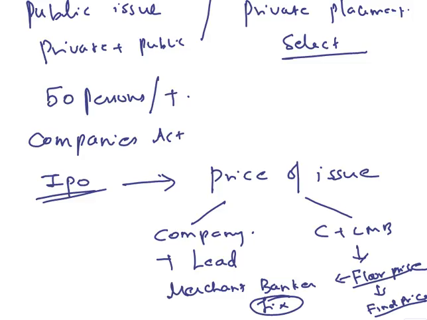So how does price discovery happen? Through the book building process. Book building is basically a process used in IPOs for efficient price discovery.